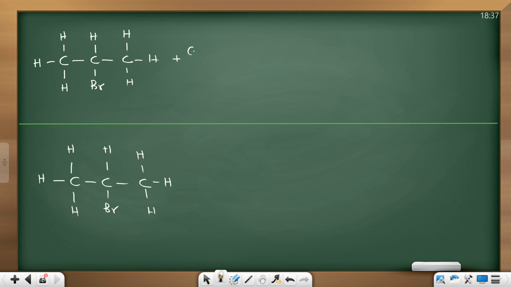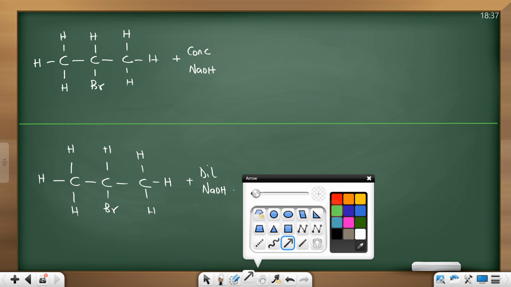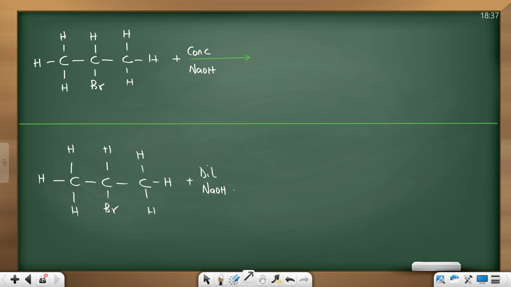We are going to add concentrated sodium hydroxide. Here I am going to add dilute sodium hydroxide. Here I will use strong heat, and here I will use what? Mild heat.